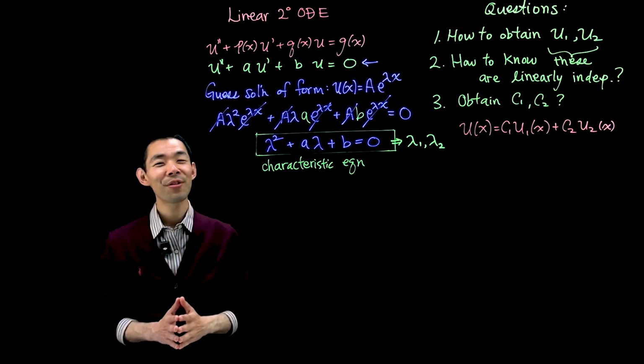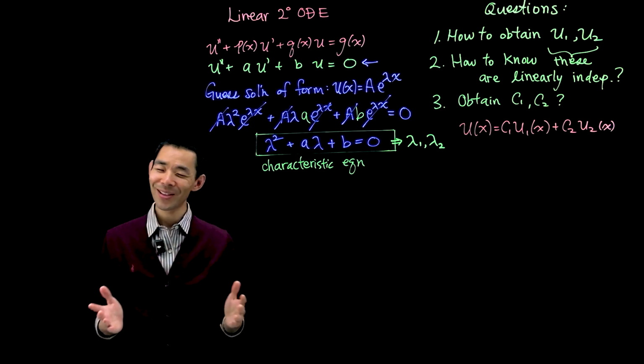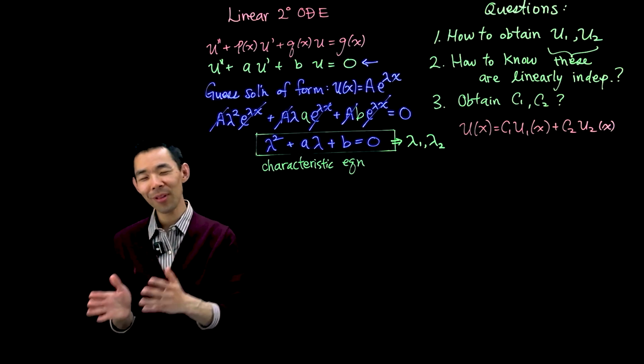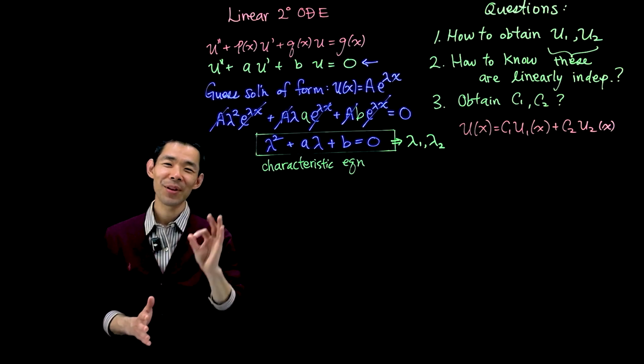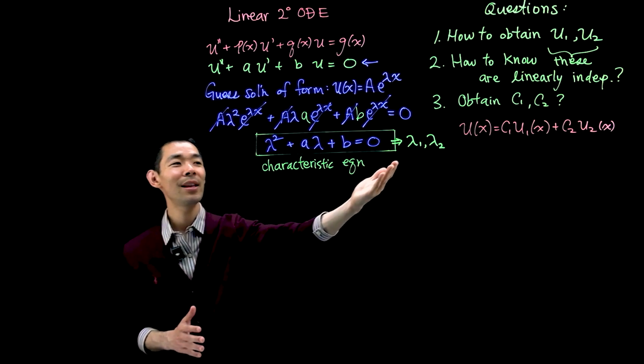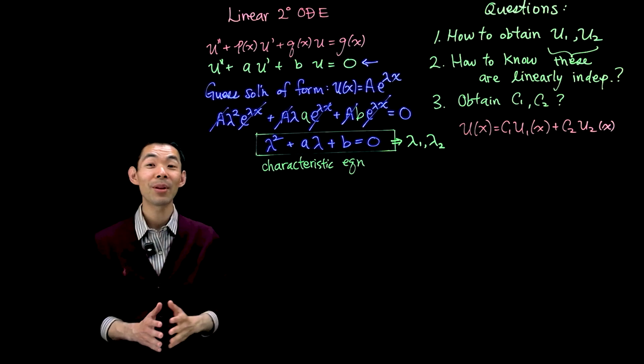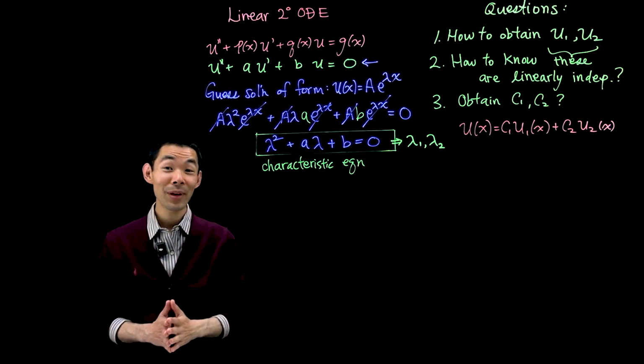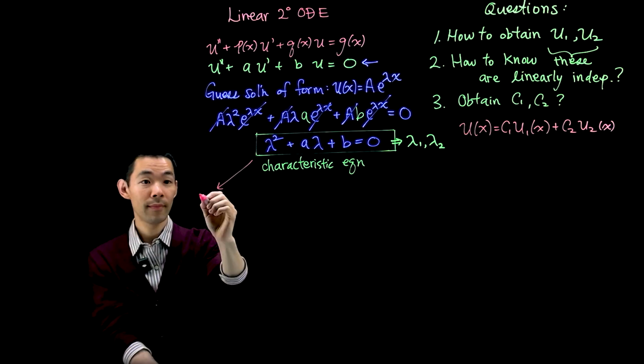Now, there's three different cases. Once again, differential equations are all about cases. There's three cases for us to consider depending on the nature of lambda 1 and lambda 2. Let's write down those three different cases.